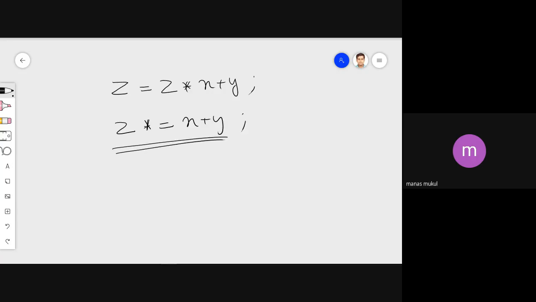This is what comes into your mind when you replace these two operators by this. But these two are not equivalent.